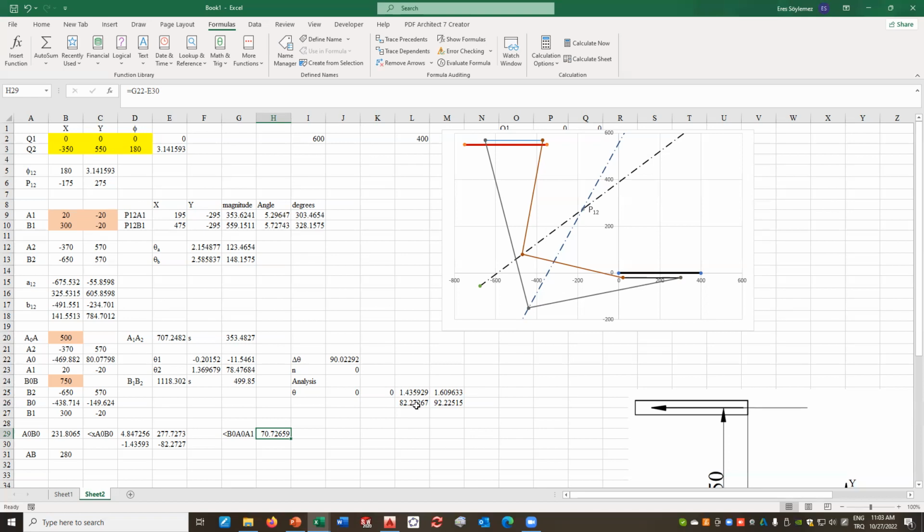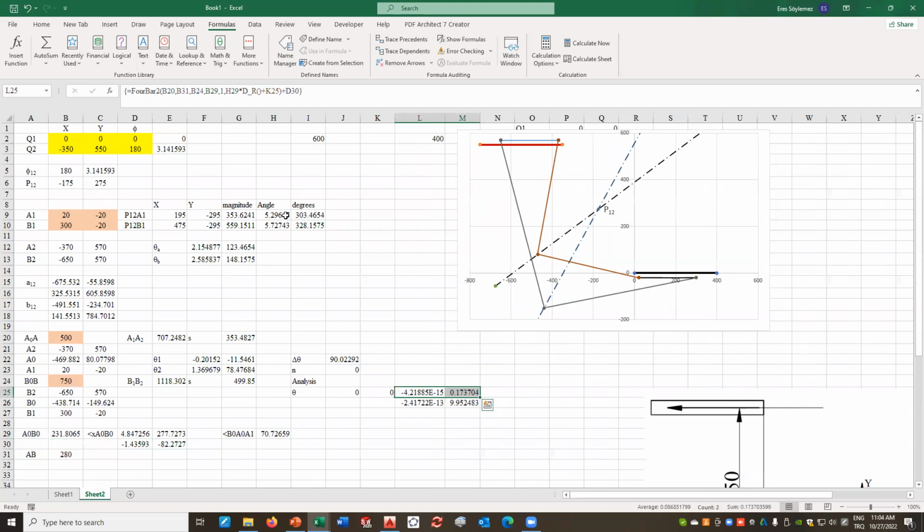Now, please look at this 82.27267 and this angle. So what that means is you are measuring it from A0, B0. Now you have to subtract; if that is 82 degrees, you have to add this amount.